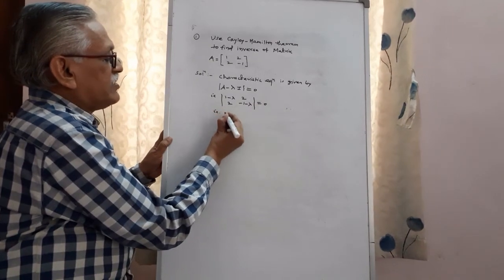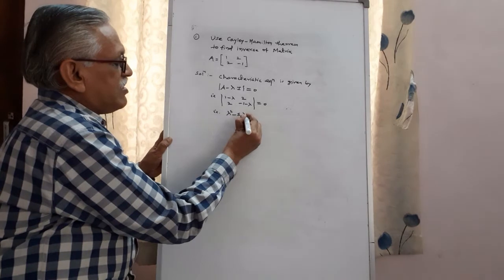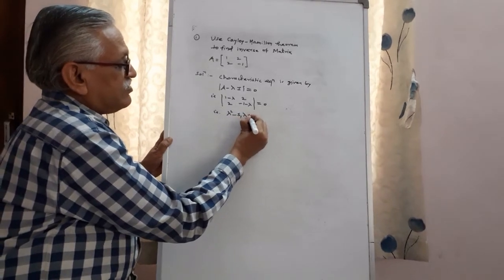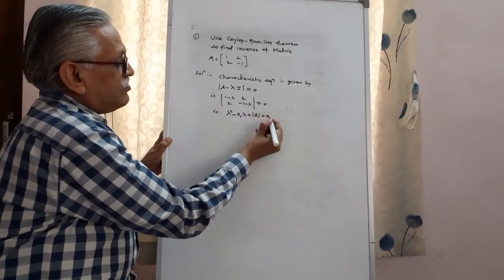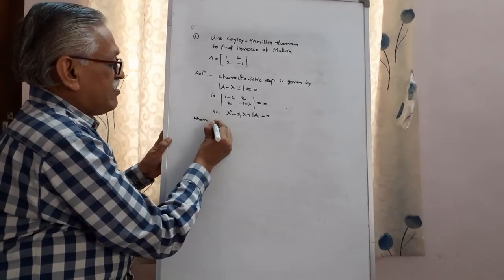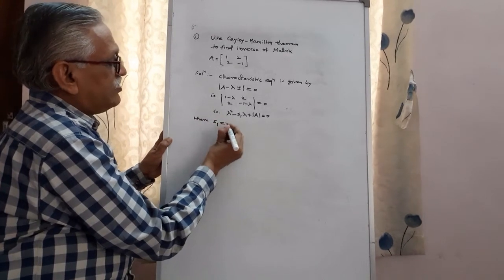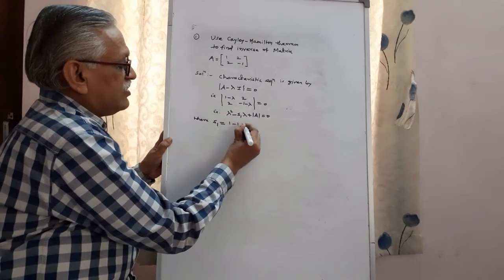This is nothing but lambda square minus S1 lambda plus determinant of A equals 0, where S1 is the sum of the principal diagonal elements, that is 1 minus 1, which gives 0.